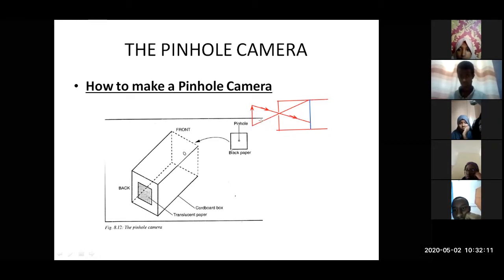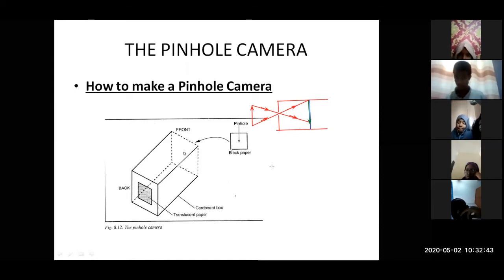Then this ray was also coming from here, then it went straight. So the ray from the top goes directly to the bottom, and the ray from the bottom goes directly to the top. So in that case, when we draw our image, this is how our image will look like.